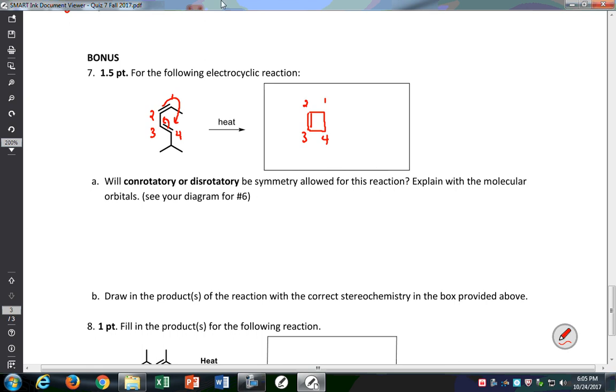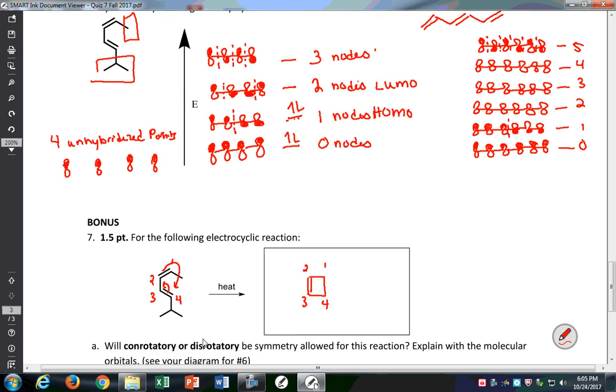So what we want to do to understand this is we can take this HOMO and just redraw it on our starting material. So carbon 1, again, we're using this. So here's my node.